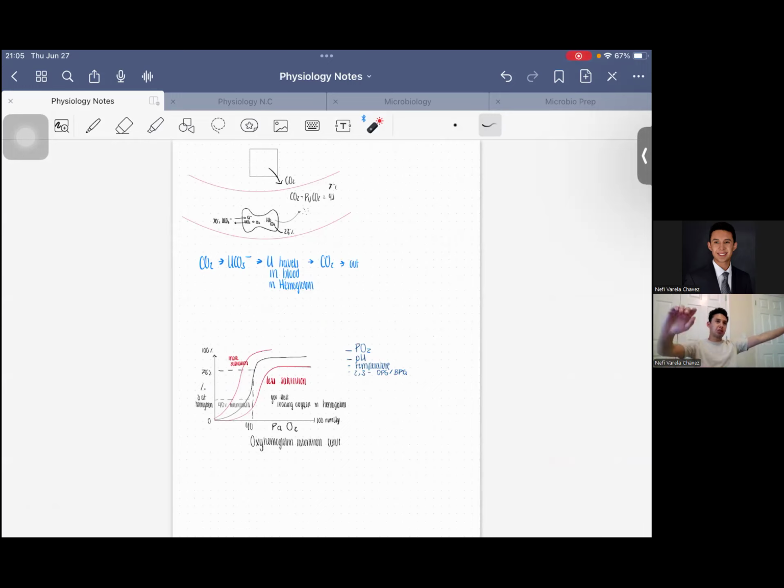Until now, I have just described what's going to happen with oxygen that is going to enter, dissolve, and be taken by hemoglobin. Hemoglobin has to stay in the tension and relaxed states, which is going to affect the affinity of oxygen to attach to it.